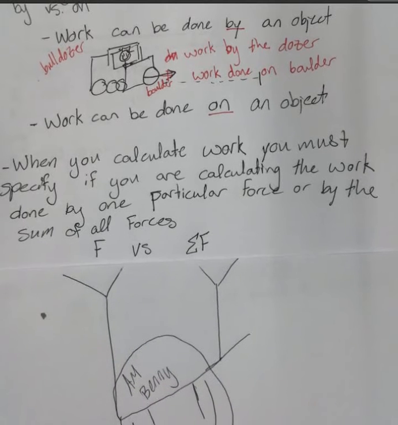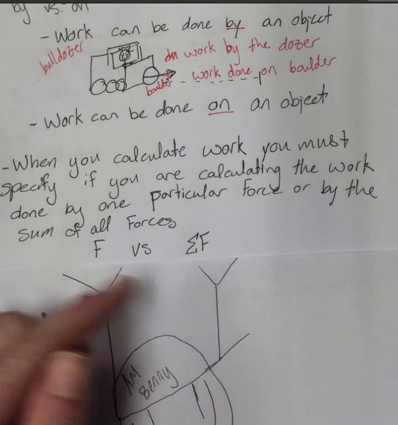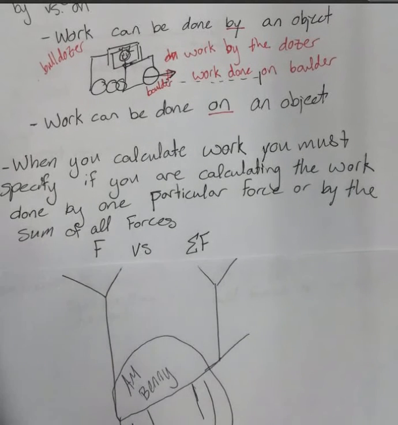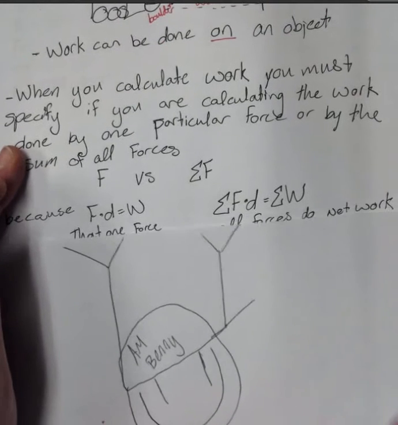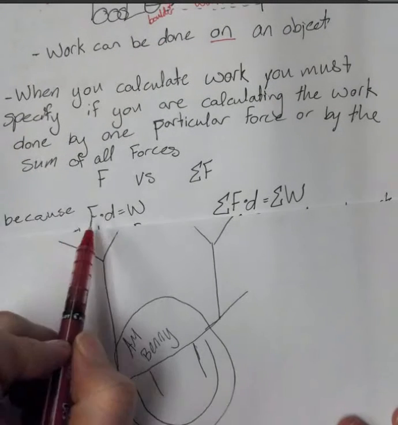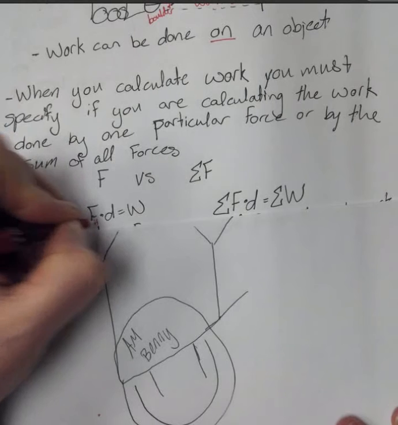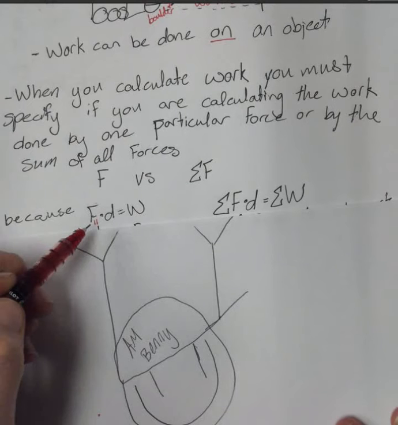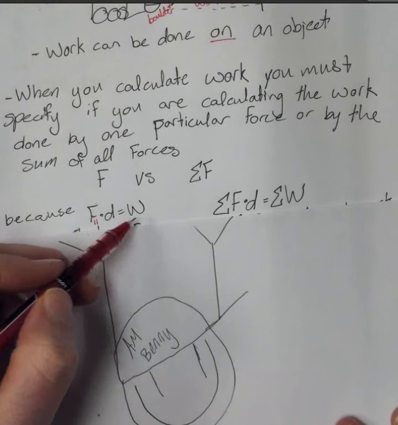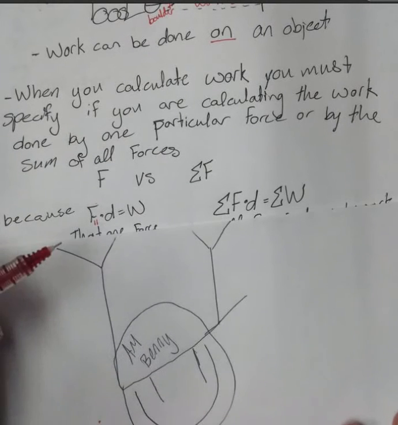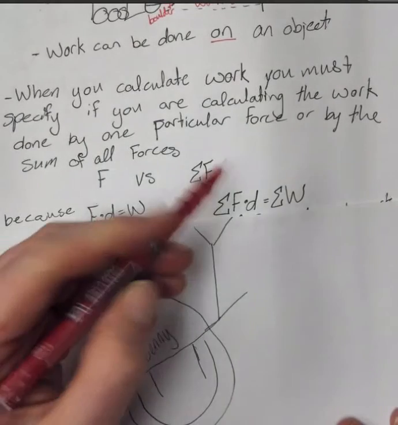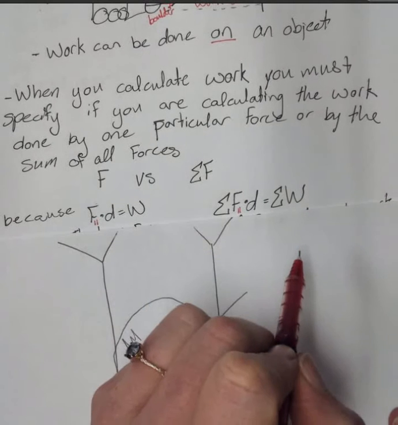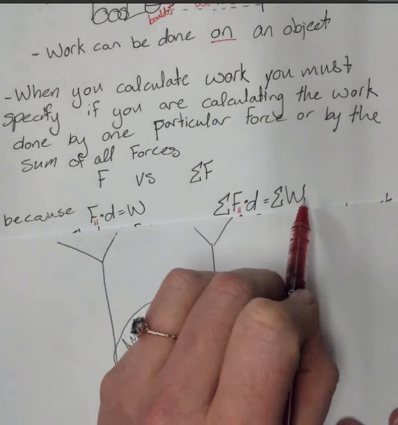So you guys know that there's a difference between one force and the sum of all forces, or the net force. And that means that since we know our equation is the parallel force to the displacement is going to equal work, if it's that one force, then that would give us the work done by that force. If it's done by a net force, then that net force would give us the net work done on the whole object.